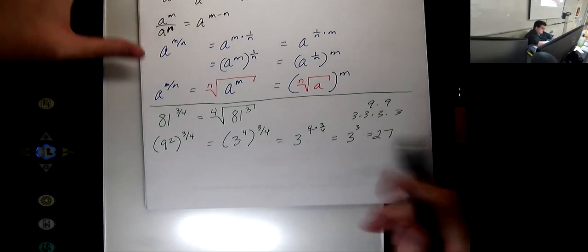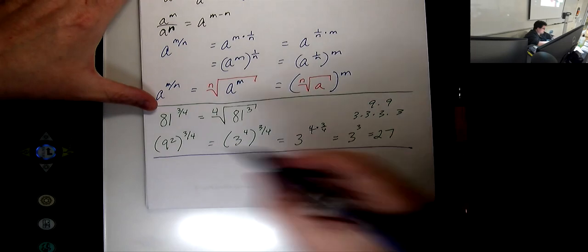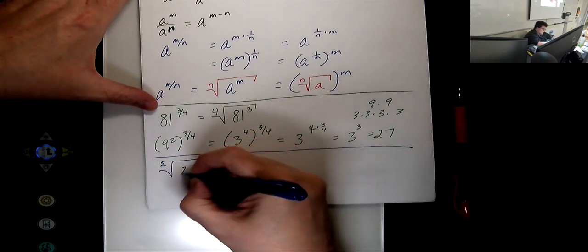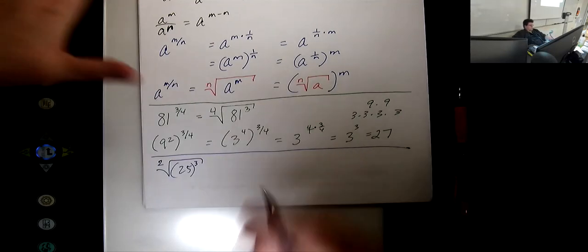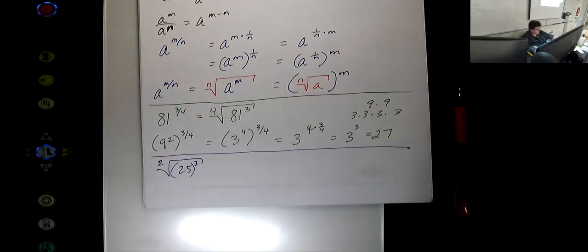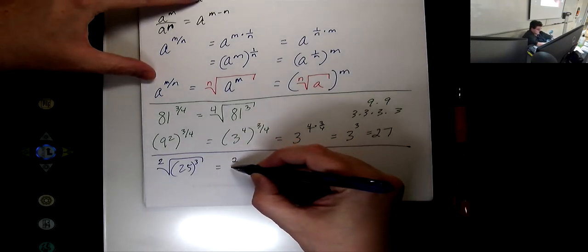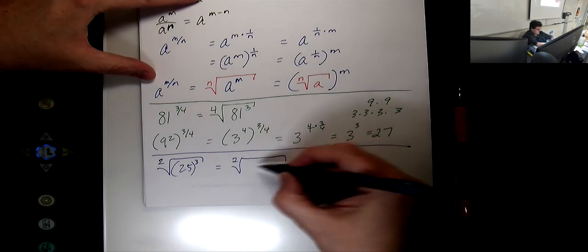All right, let's take a look at another one. We'll start in a different shape. We will have the square root of 25 cubed. 25 is 5 squared.